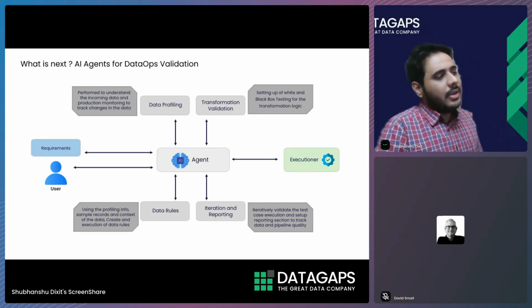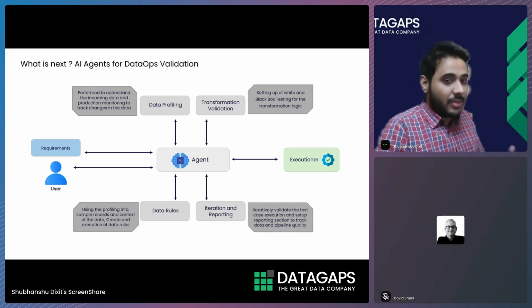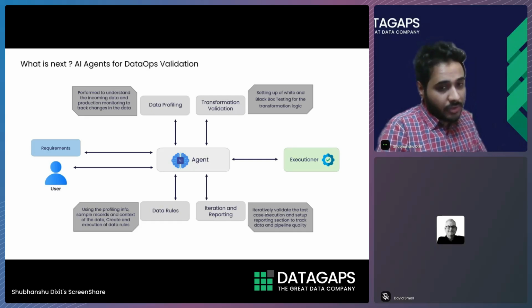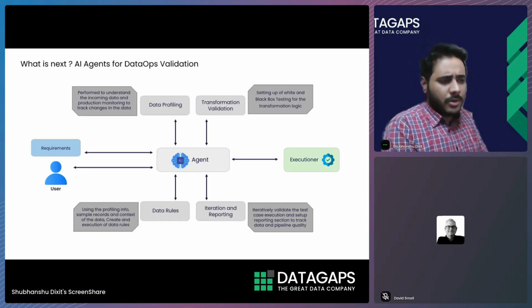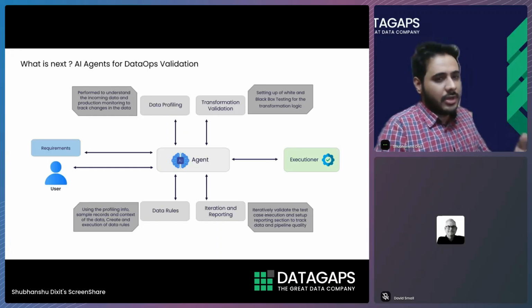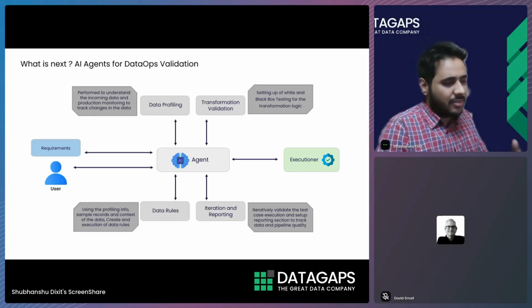And most importantly, the agent is supposed to be able to iterate on these test cases. If there are errors, we should be able to resolve those errors. If there are problems coming up in a particular test case, we should be able to resolve them. And if we notice that the trend of the data itself is moving in different directions, the data rules should be updated and adjusted.